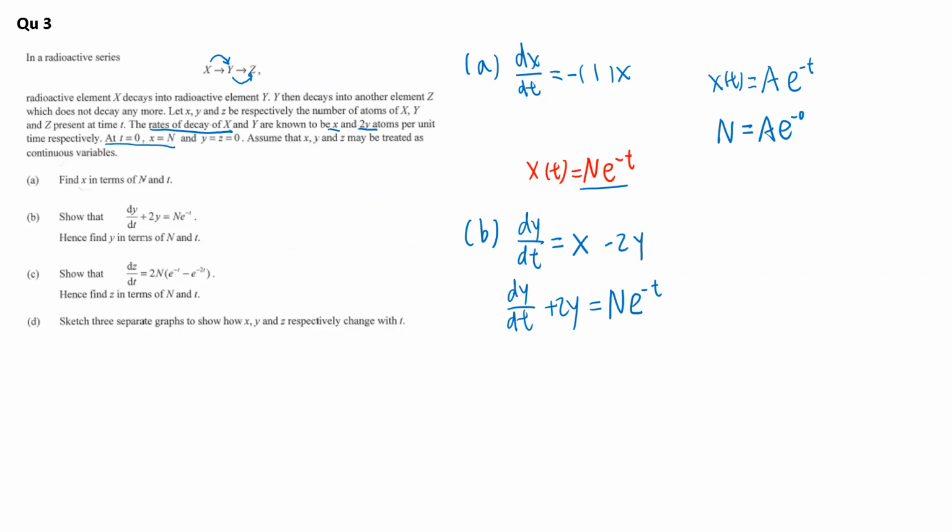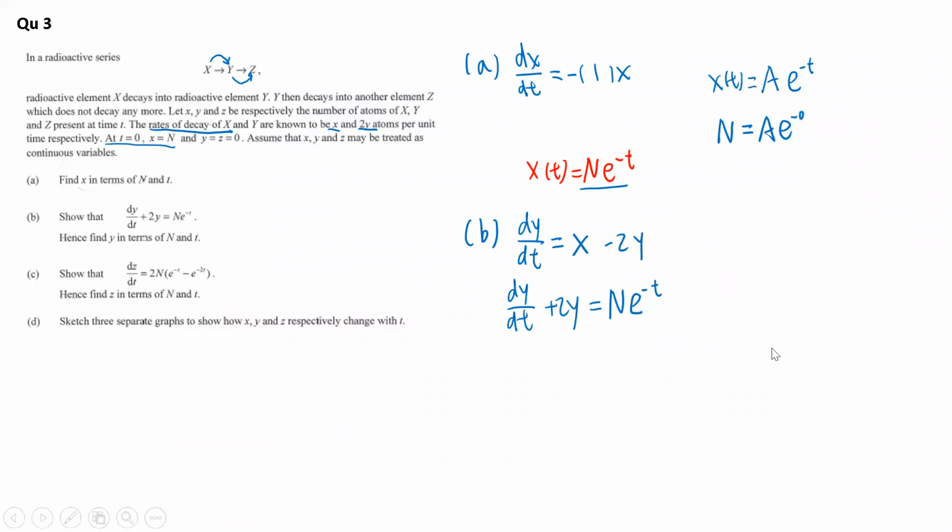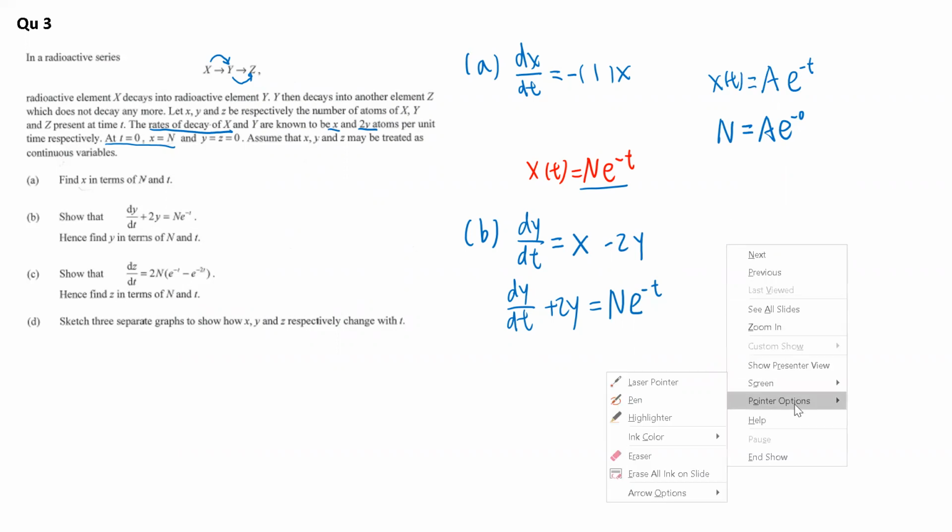Instead of dy/dx, we have dy/dt here. So we are going to find the r of t.